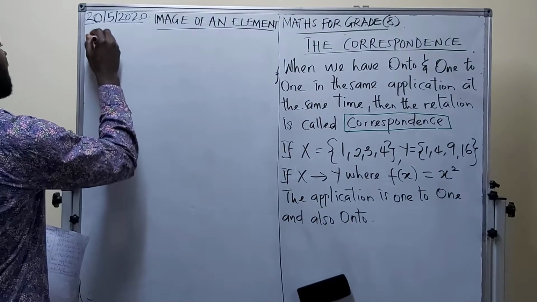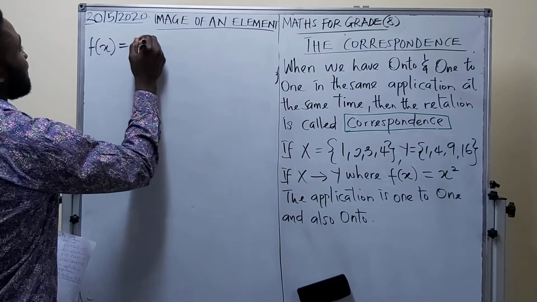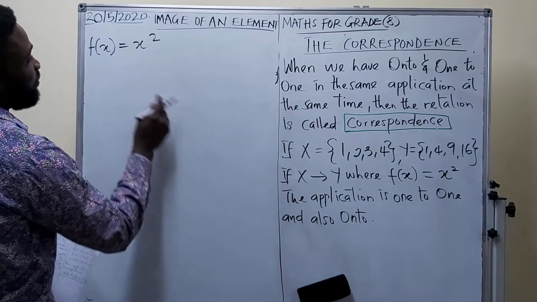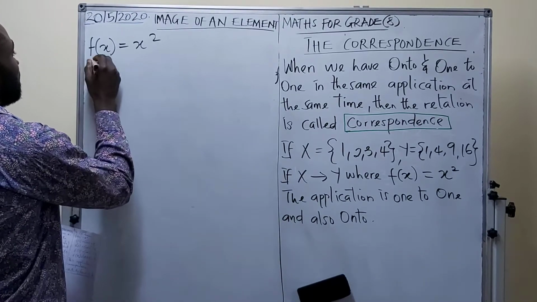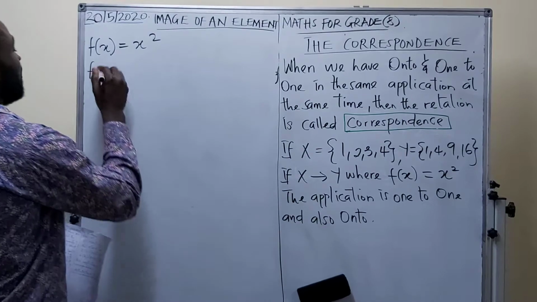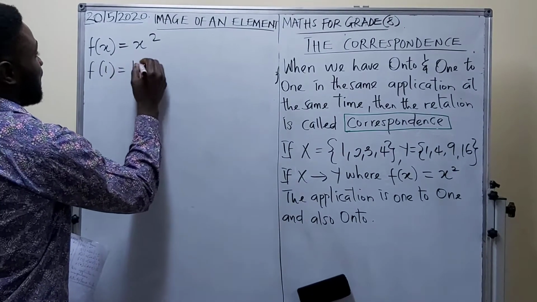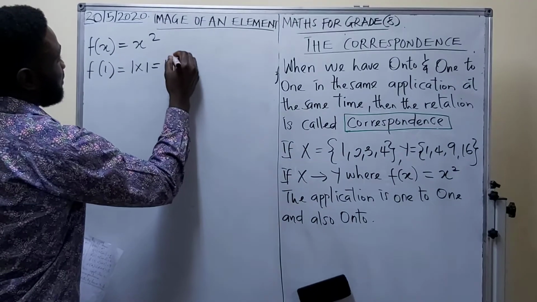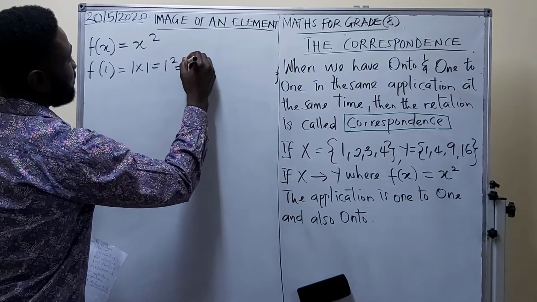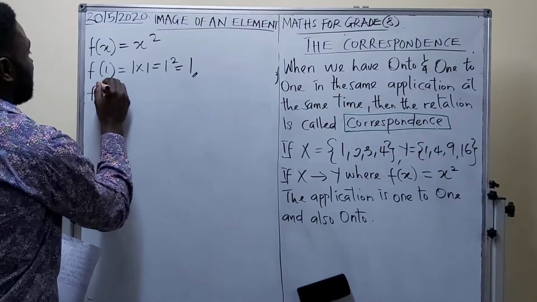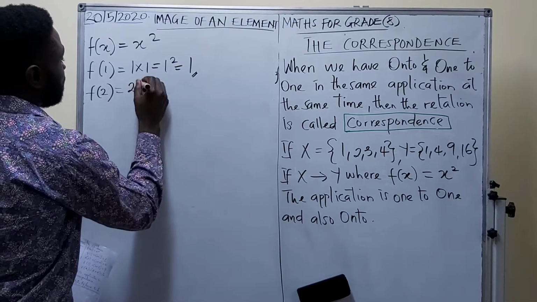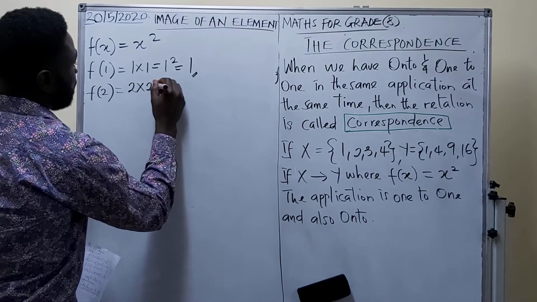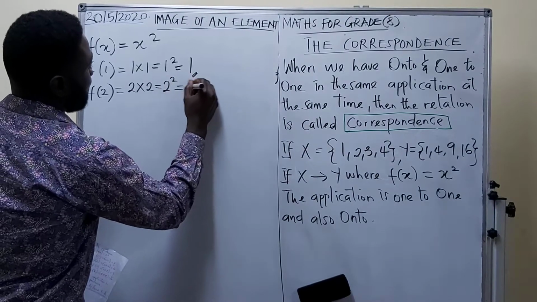So if f of x equals x squared, it means for every value of x there must be a value for y. So if f of x, for example, the first element here is 1, f of 1 will be equal to 1 multiplied by 1. That is 1 squared, and the square of that will be 1. And for f of 2, we have 2 times 2, which will be equal to 2 squared. That will be 4.